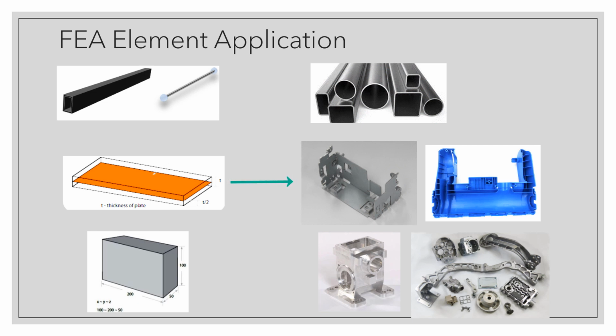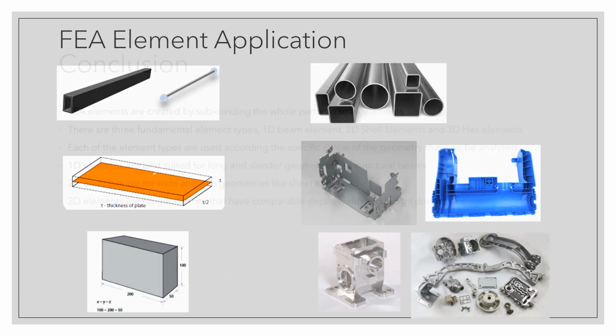Examples are injection molded parts and sheet metal or plate parts. Finally, if the simulation involves 3D parts, for example, machine parts or casting parts, then this geometry is best represented by 3D elements.